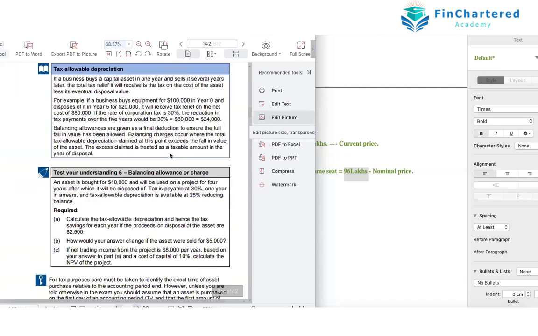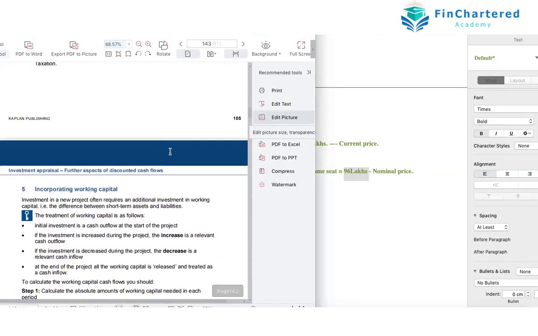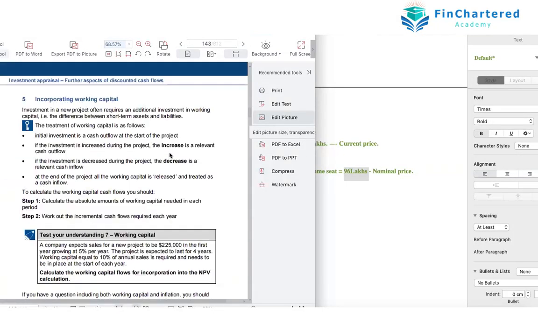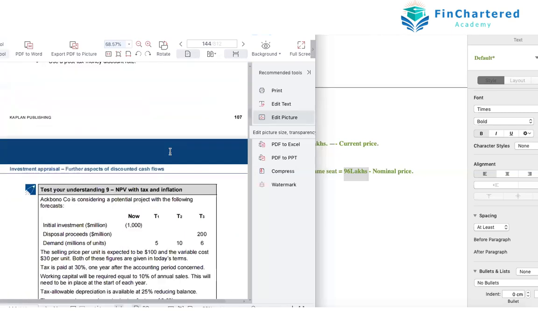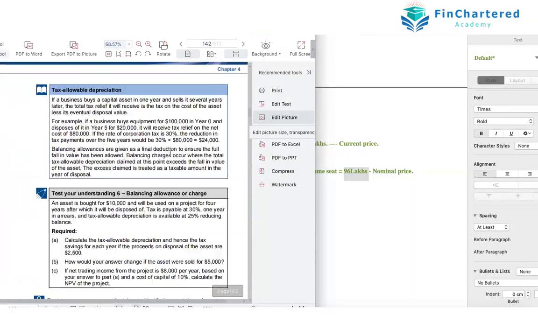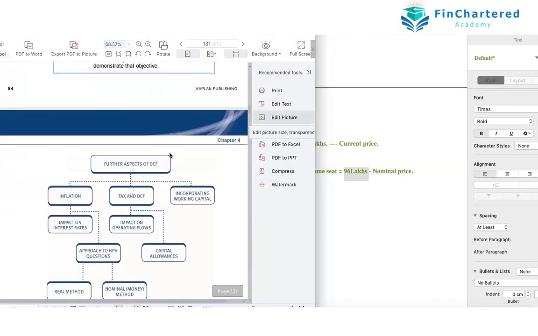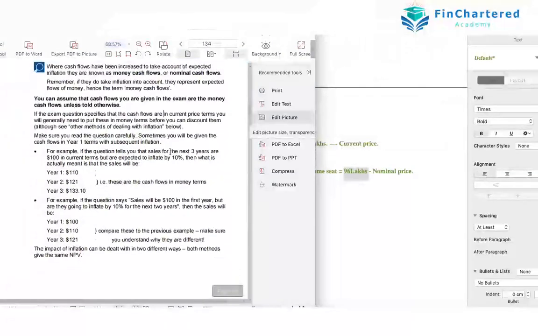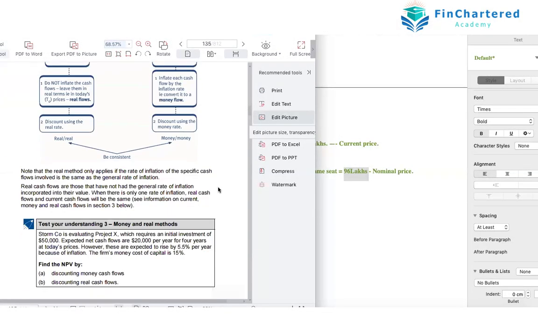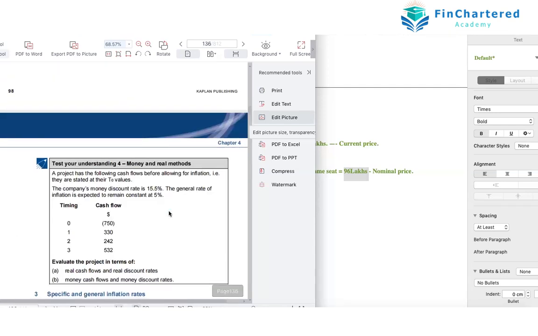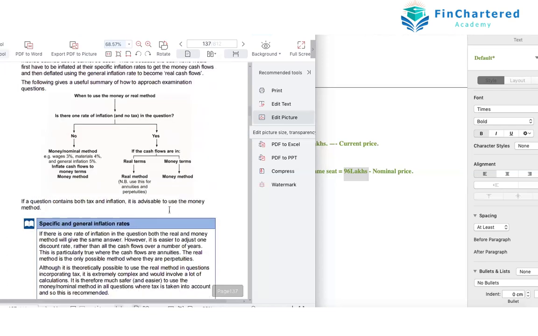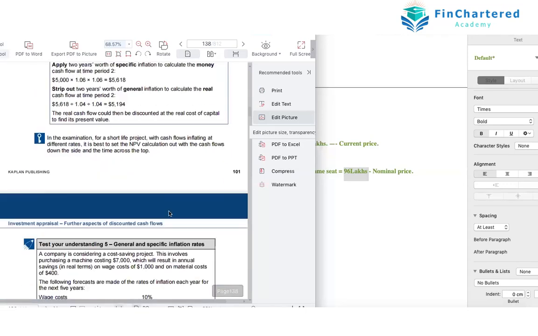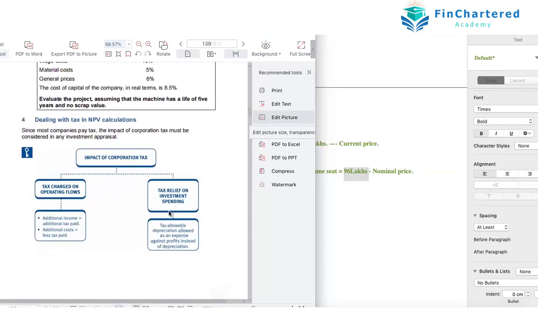We will look at another specific topic and come back to this specific topic. So, chapter 4, till here we've seen, we need to continue from test your understanding 3 onwards, test your understanding 4, specific and general inflation rates we have to look at. And all of this about inflation we will have to see.